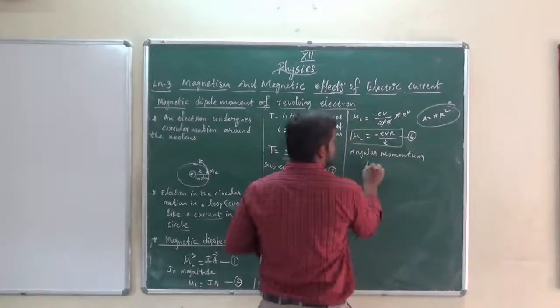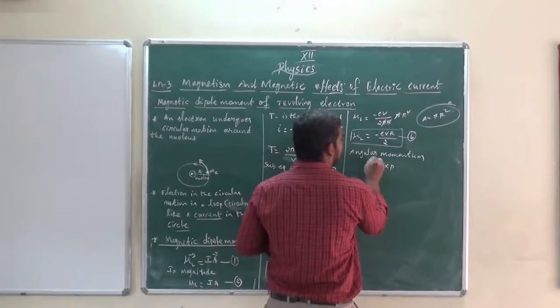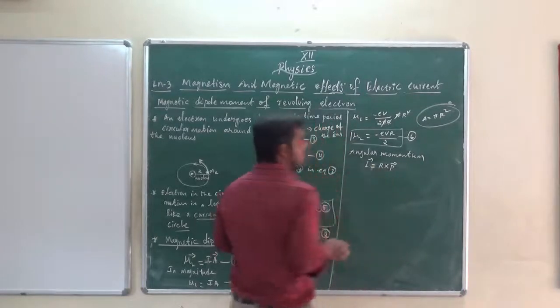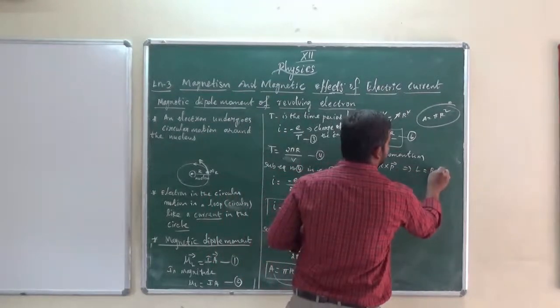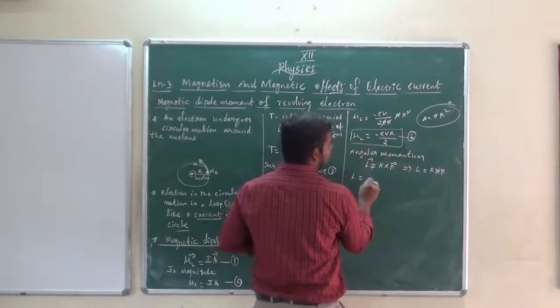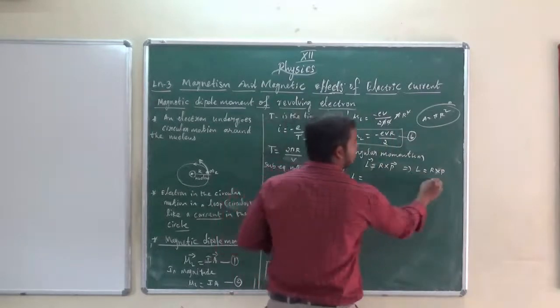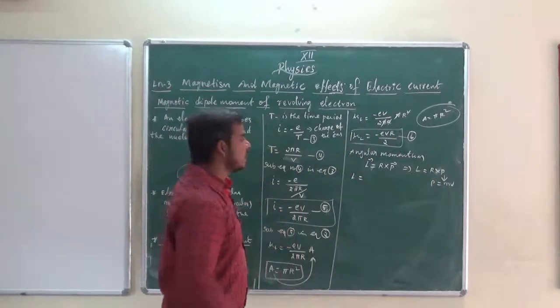Angular momentum is represented by L. In vector notation, L vector is R cross P; in ordinary notation, L is equal to R into P. Now substitute P equal to mv, the linear momentum, mass into velocity.